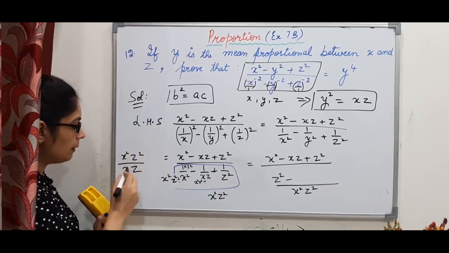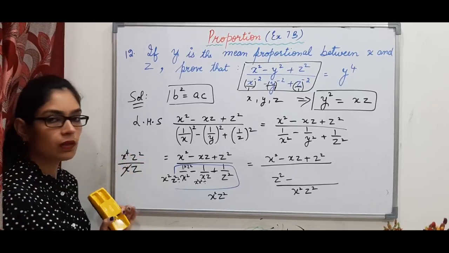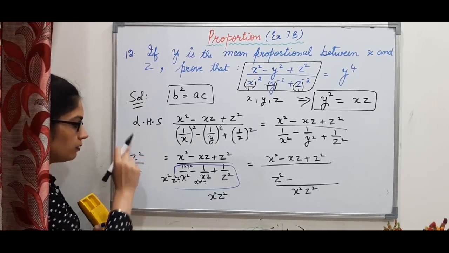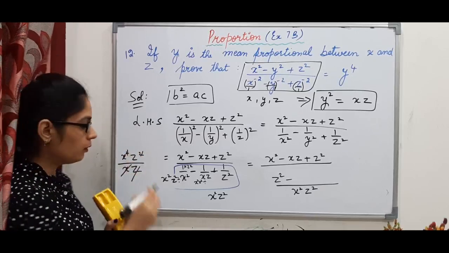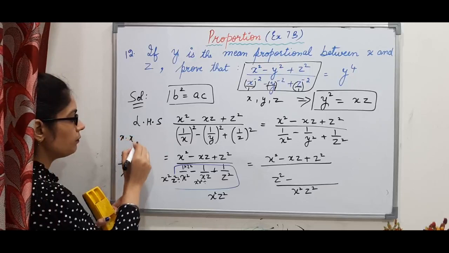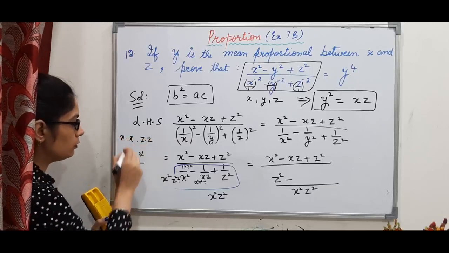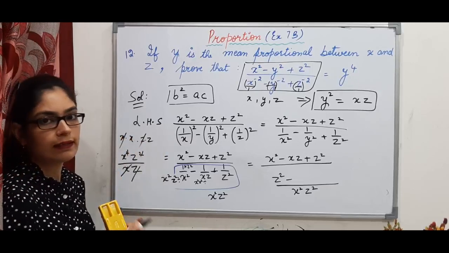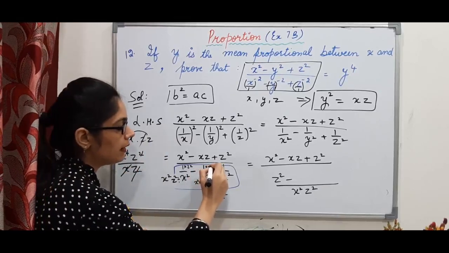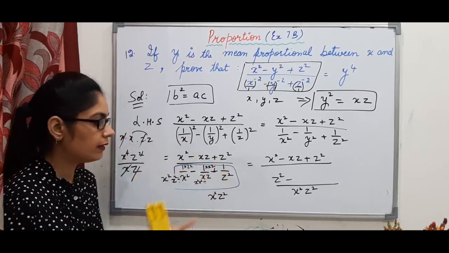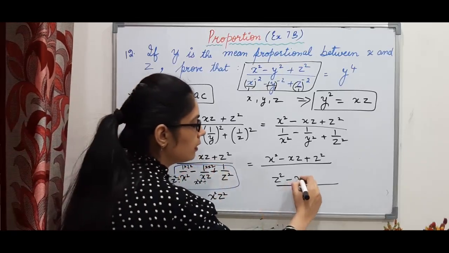Square means 2 times x, so this x will get cancelled with 1 x. This z also will get cancelled with 1 z, because x square is x into x and z square is z into z. So 1 x and 1 z will get cancelled, and x and z we are left with. So we will multiply x and z with the numerator. So 1 into xz is xz.